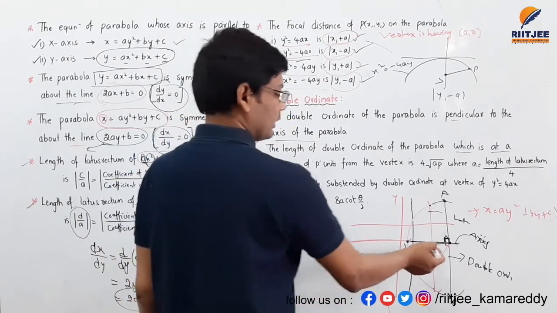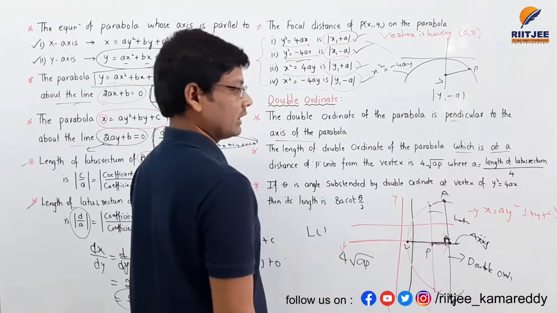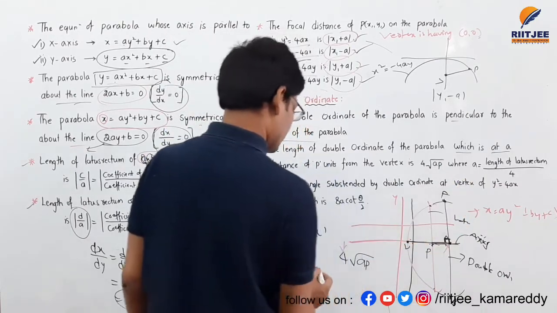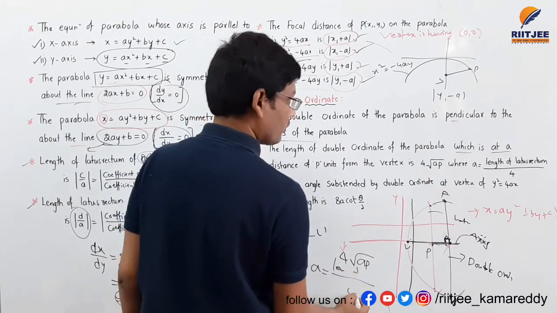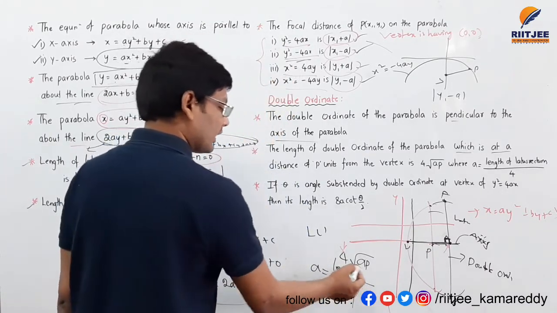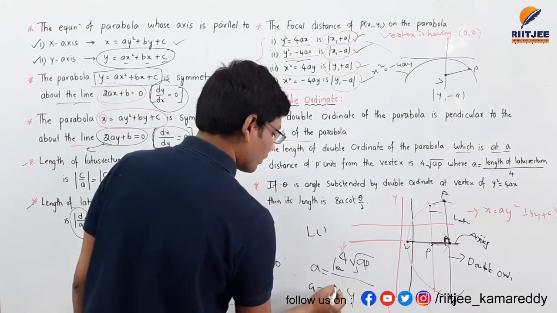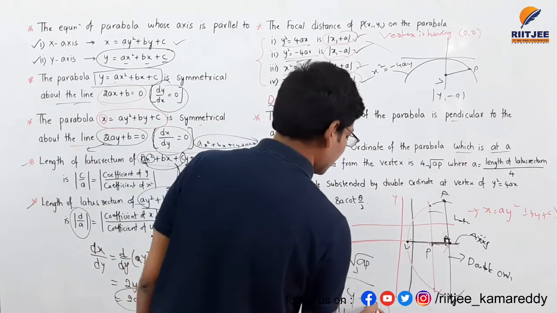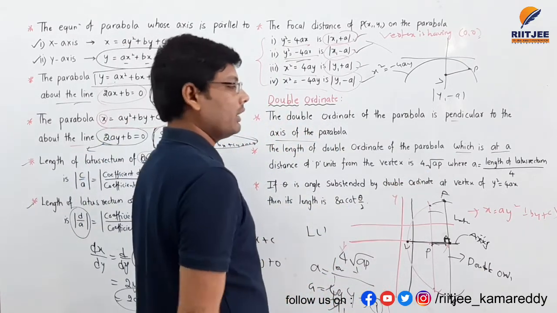Here a is the distance from the vertex to the focus, and a is equal to the length of latus rectum divided by 4.